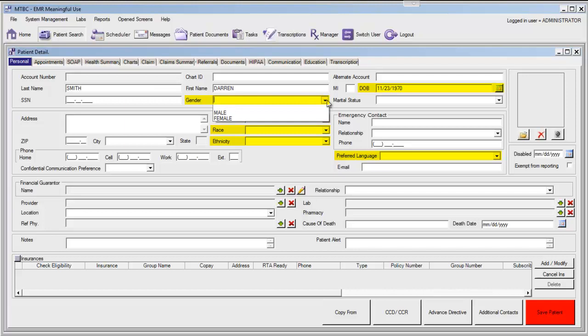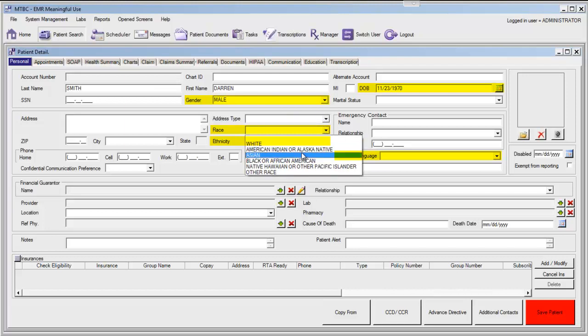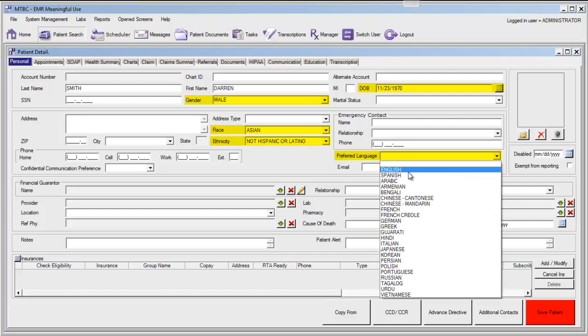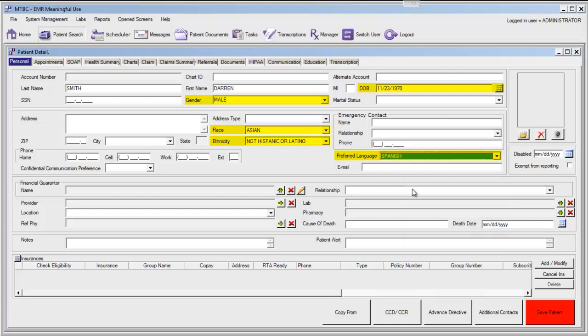We can select a gender, a race, ethnicity, a preferred language. And here we've documented race, ethnicity, preferred language, gender, and date of birth, all 5 of our requirements.